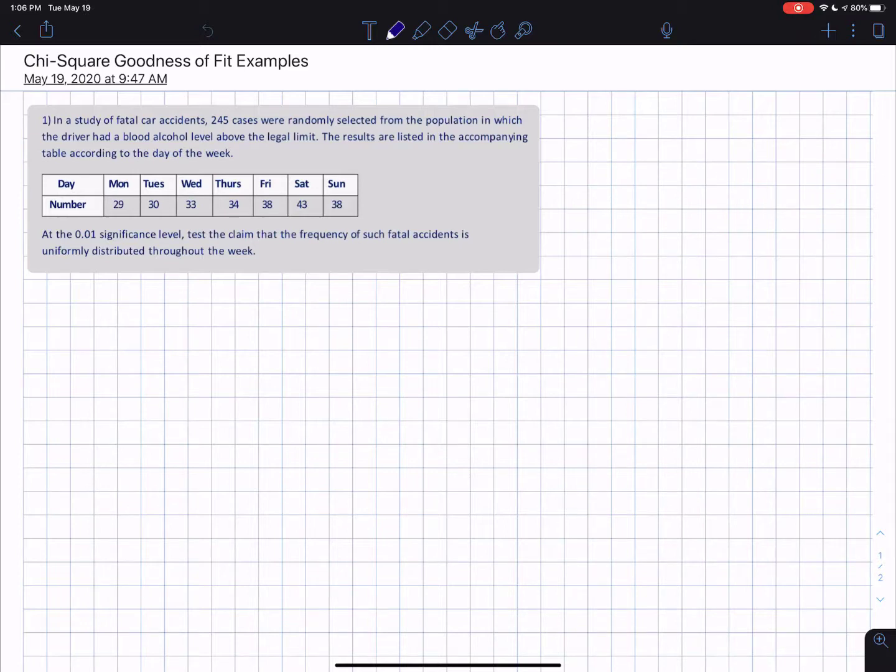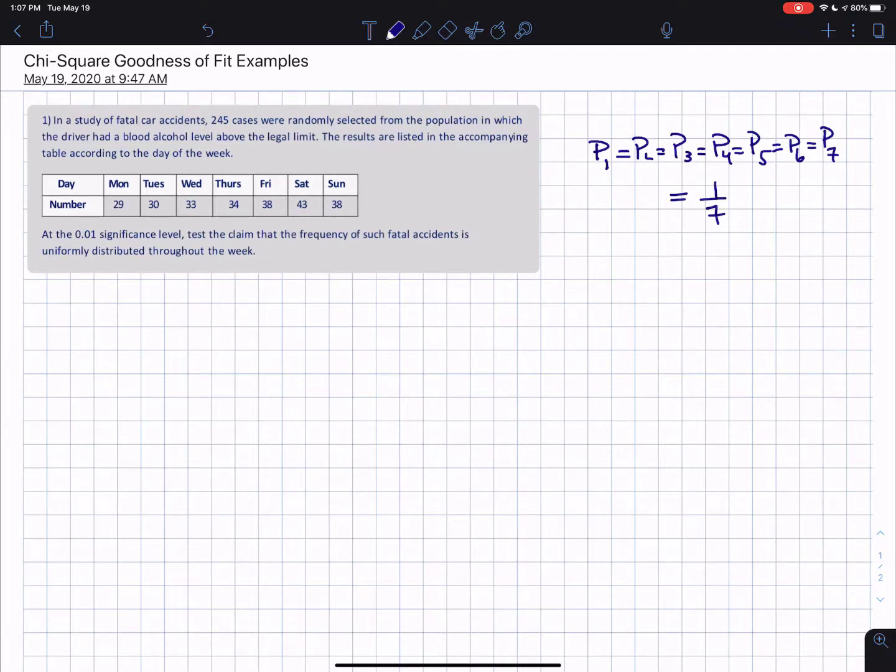So what the claim is here is that the probability of Monday, I'll call it P1, is equal to P2, is equal to P3, is equal to P4, P5, P6, and P7. And if they're all the same, that means each one has to be equal to 1/7.